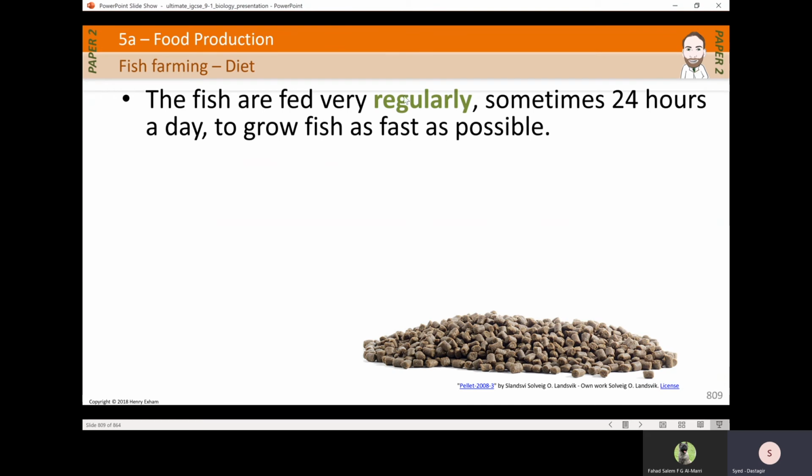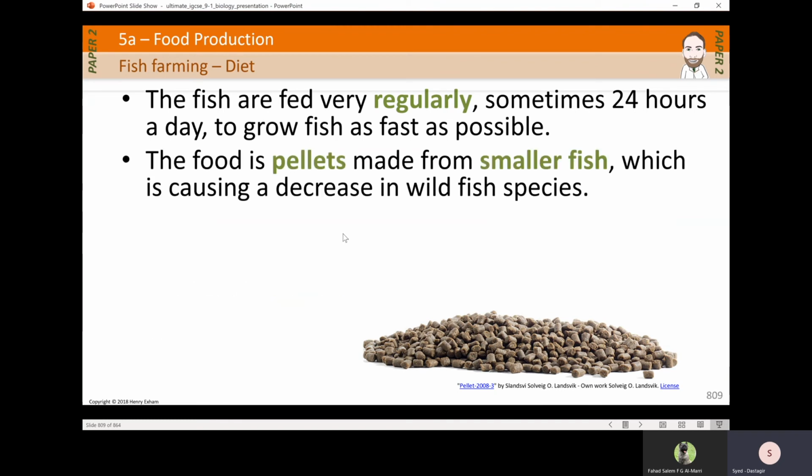So fish are fed very regularly, sometimes 24 hours a day, to grow the fish as fast as possible. Because imagine if you're a fish farmer, you want your fish to grow so you can sell them very quickly, yeah? And obviously the heavier the fish, the more money you get. So the food is pellets, sometimes made from smaller fish. This is a problem because it decreases the wild fish species in the ocean.